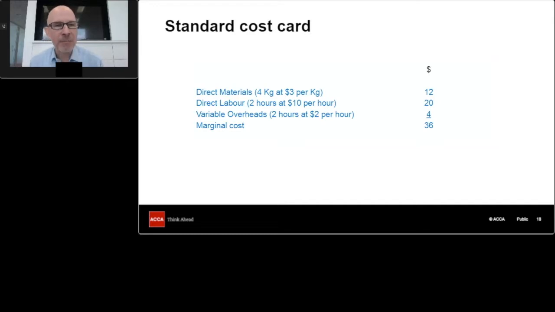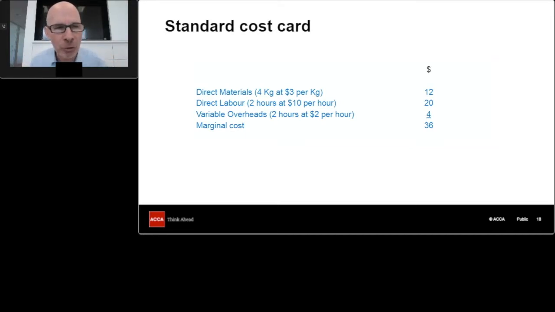Now, look at this. We've got 3 variable costs. We've got direct materials, direct labor, variable overheads, friends. And look at that. All of them are stated with 2 components, the amount of something and then the value of something, right? That rate. So we've got the 4 and the 3, the 2 and the 10, the 2 and the 2.